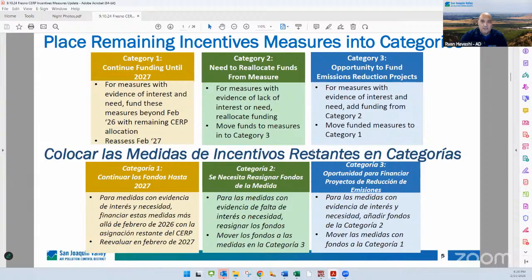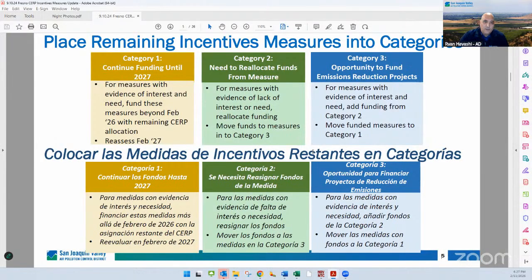And so we developed this 3-category system. And so we're going to go through where we're at with the different categories and recommendations. So the yellow categories, these are measures where we're seeing a lot of interest and need, and we're going to recommend to continue to fund those through 2027. Category 2, we've spent a lot of time and effort, and we've brought progress updates on these measures to the CSC.